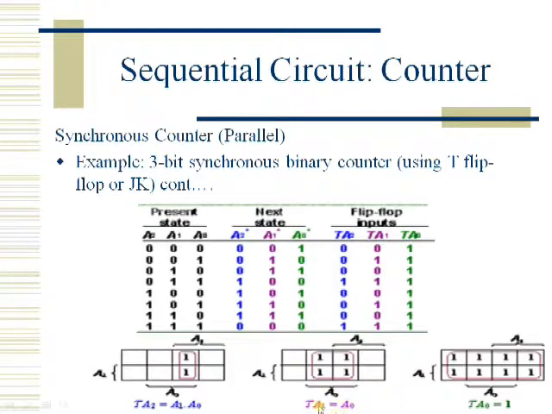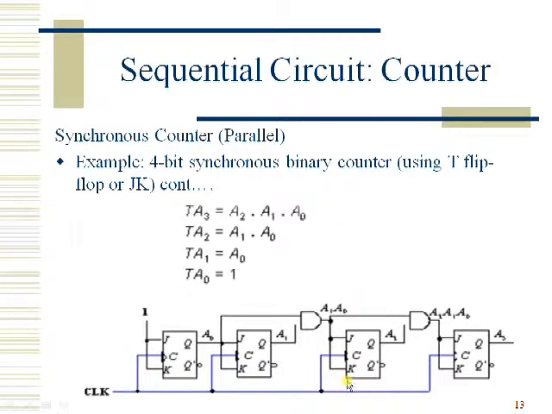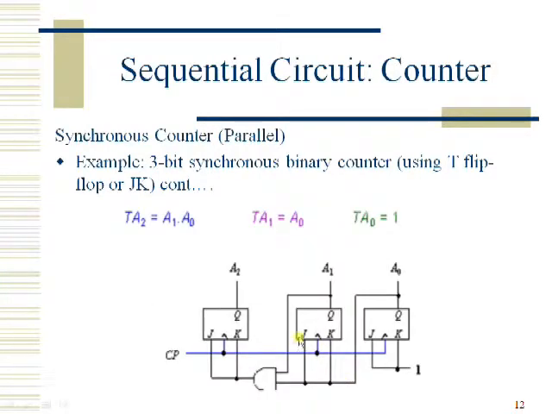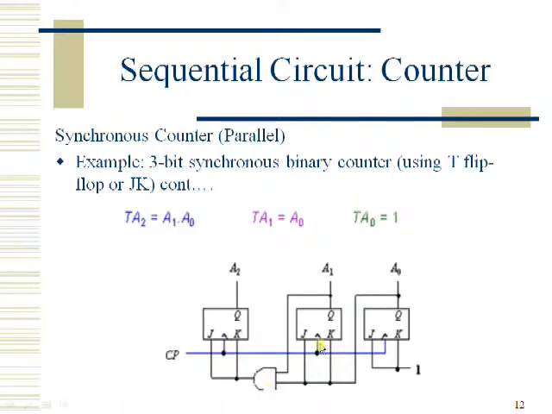Now the input for A1 is A0, therefore A0 is tied as an input to J as well as to K. Now if you go for A2, the input is A1 and A0, therefore we need an AND gate. A1 as well as A0 are connected as inputs to the AND gate, and the output is connected to J and K. Then we have to give the same clock pulse. Why? Because it is a synchronous counter.